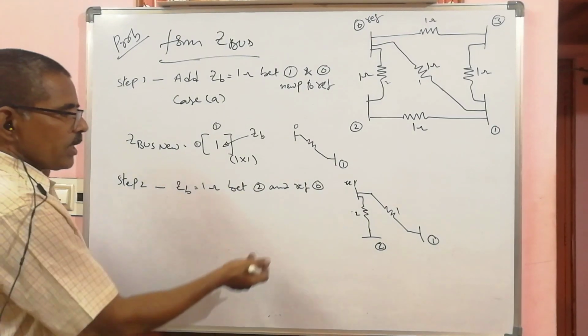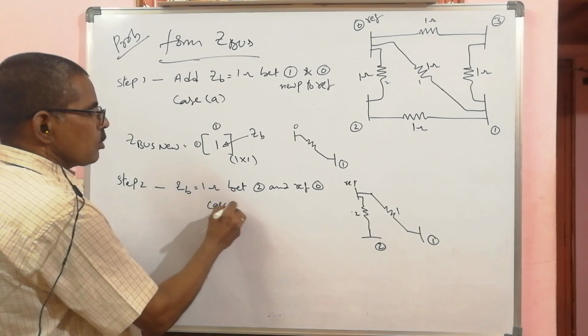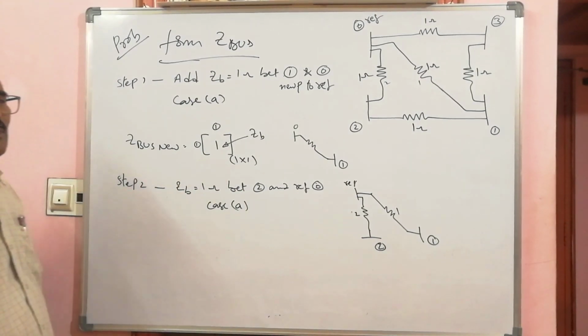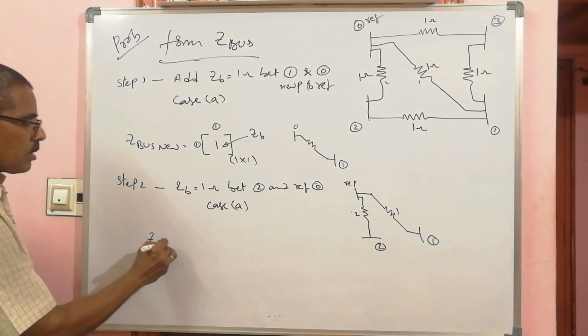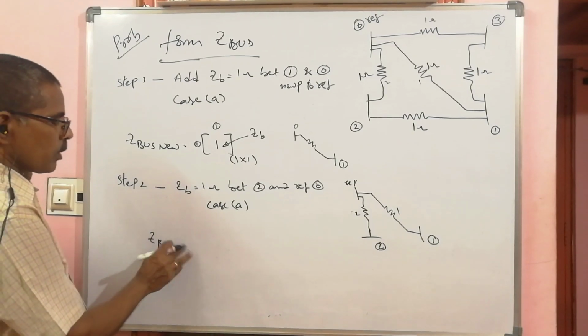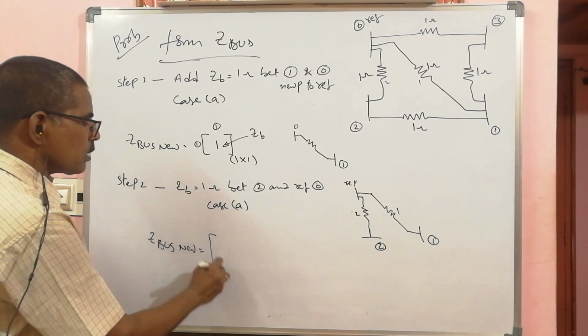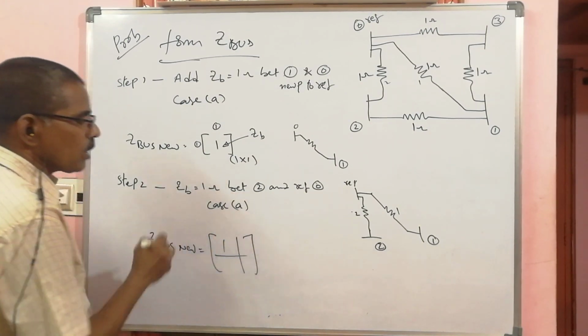So again, what is this case? 2 is new bus. So case again A. Case A, what is the modification? Z bus new is old Z bus, you retain as it is, that is 1.